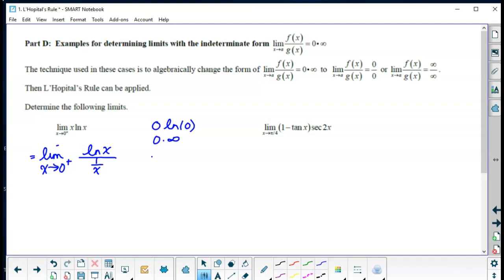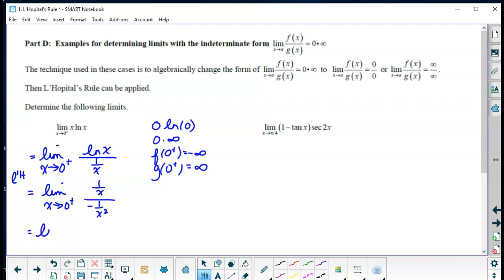So now if I do f of, call this numerator f, so f as x approaches 0 from the right, that's going to be negative infinity. And then g as x approaches 0 from the right is going to be positive infinity. So I know it's of that indeterminate form. So now I'm going to use L'Hopital's rule. 1 over x, and then this is going to be negative 1 over x squared, which I can simplify.